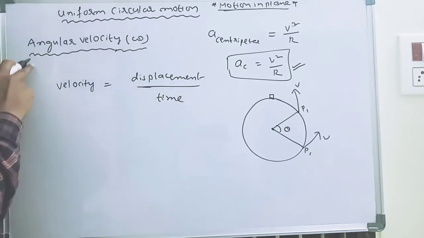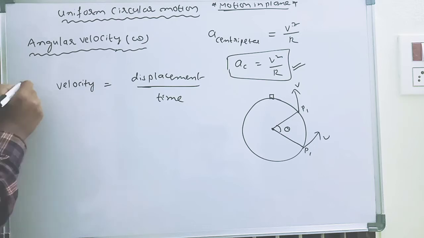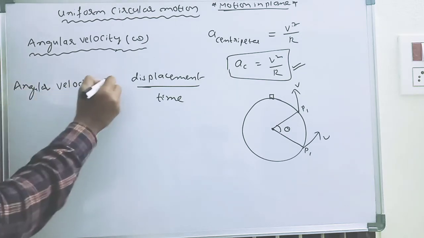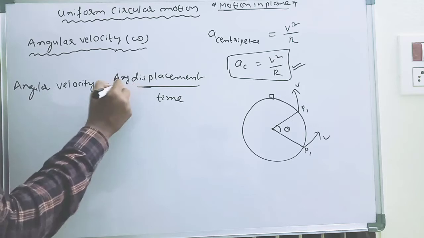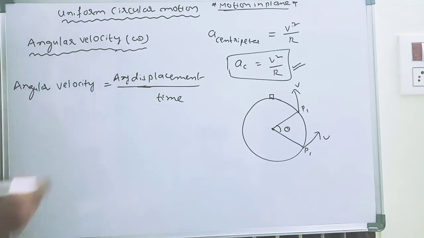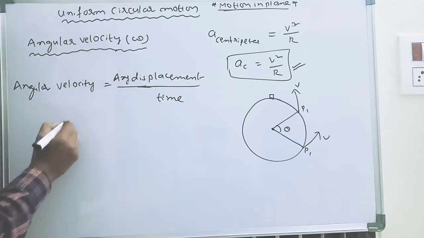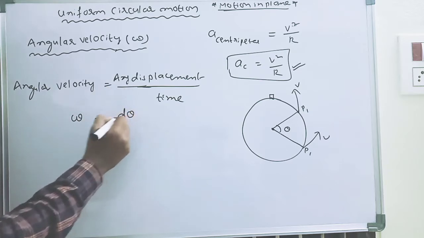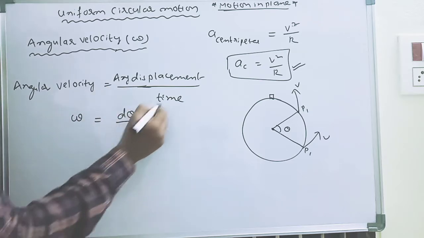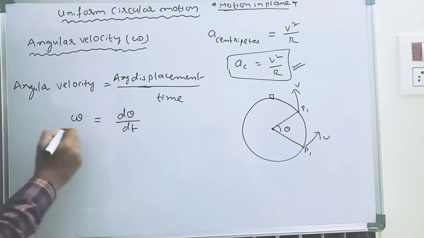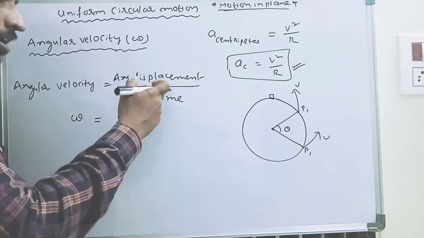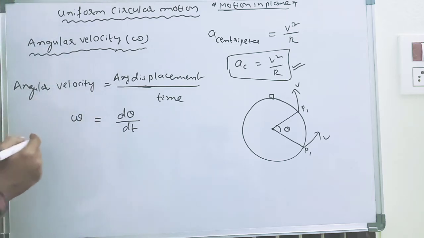Here, angular velocity means angular displacement by time. We write angular velocity as omega. Omega is equal to d theta by dt, change in angular displacement by change in time. This is the actual definition.